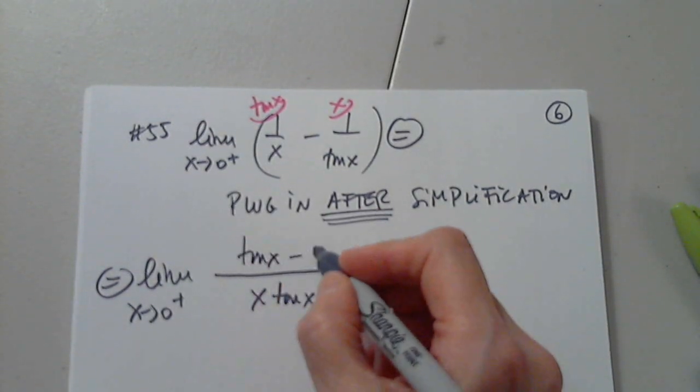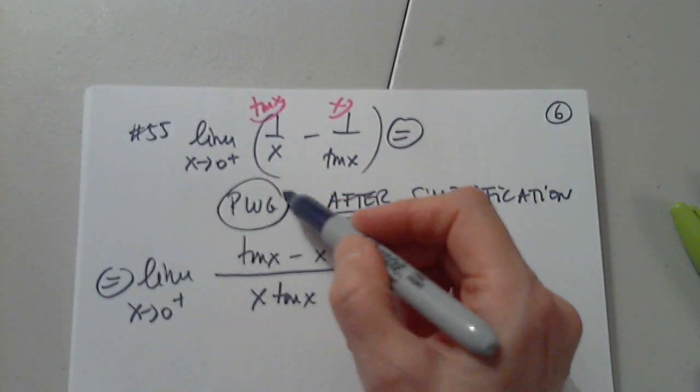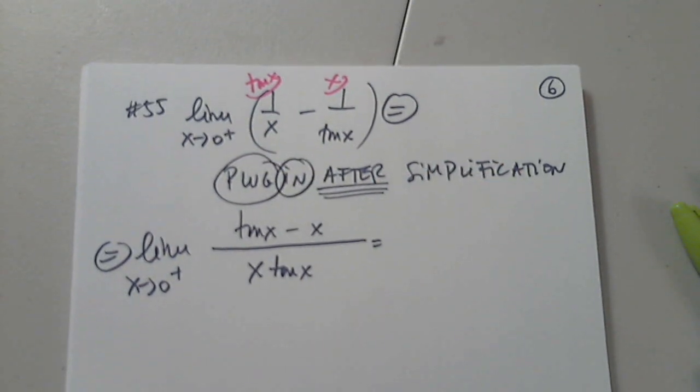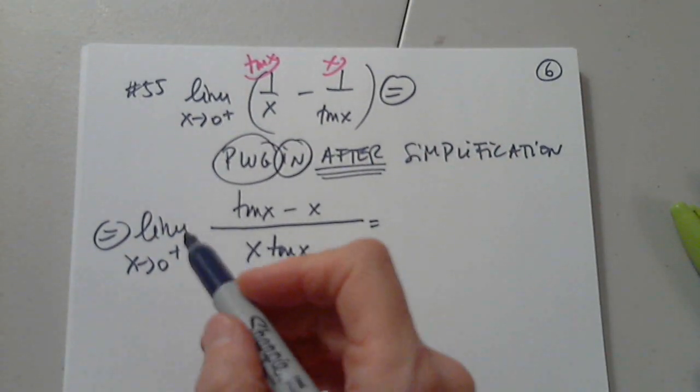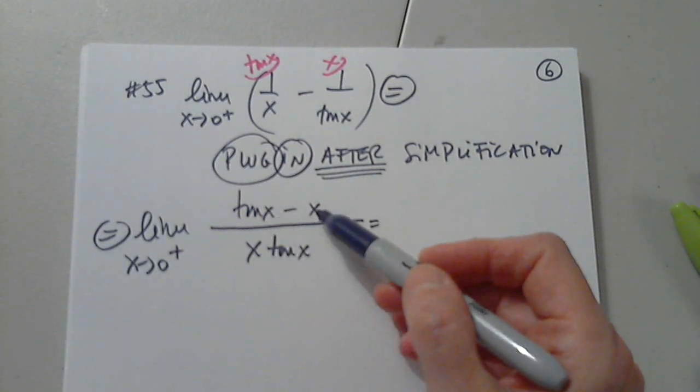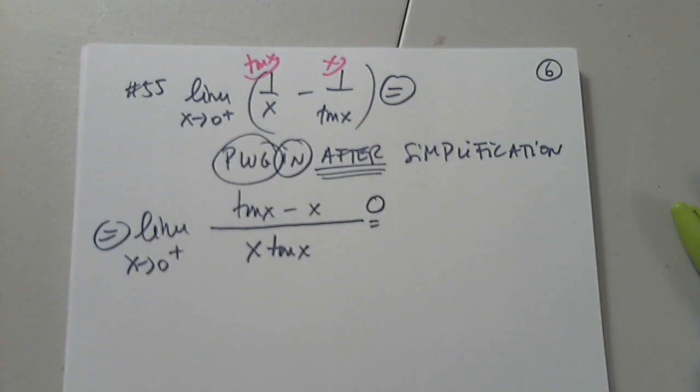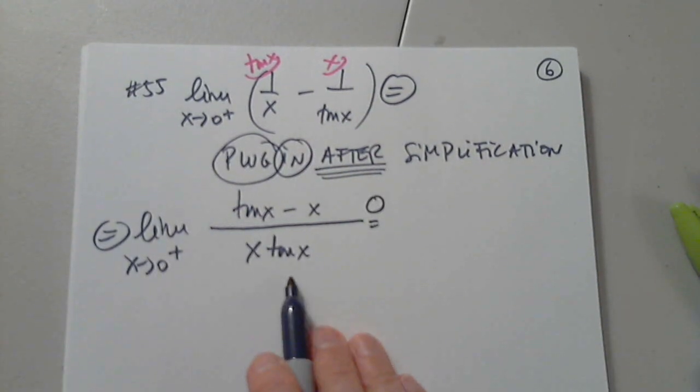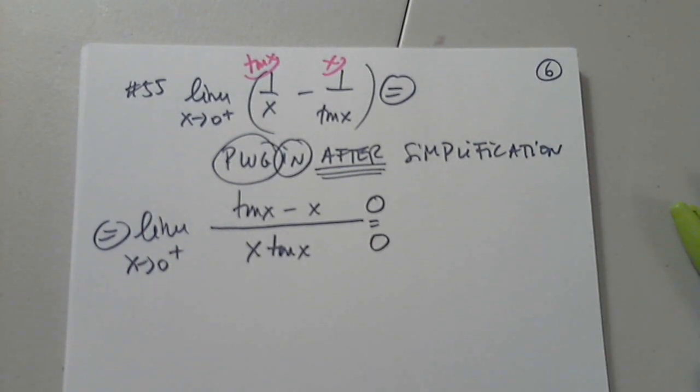So this is tangent x minus x. Now I have to plug in. And we know that this is 0 and this is 0, so the numerator is 0. This is 0, this is 0, the denominator is 0. Beautiful. That's all I wanted. Every time I see 0 over 0, infinity over infinity, it's a piece of cake, so to speak.